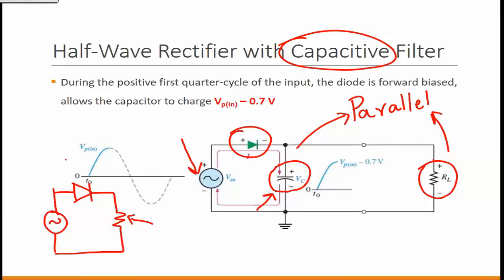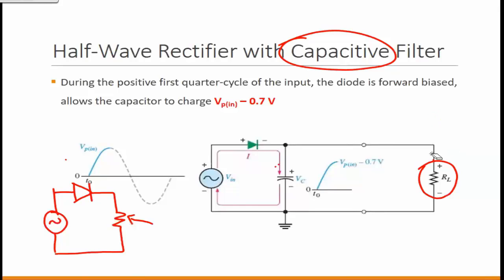Remember, we are aiming for 0% ripple, right? So we could use a very big capacitor to limit the ripple. All right, so this is how the circuit operates. Again, the same concept applies to a full wave rectifier as well, but in a slightly different fashion. Again, remember that in parallel, the voltages are going to be the same.